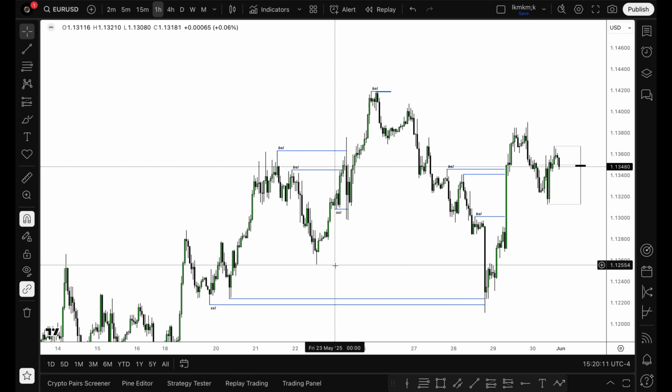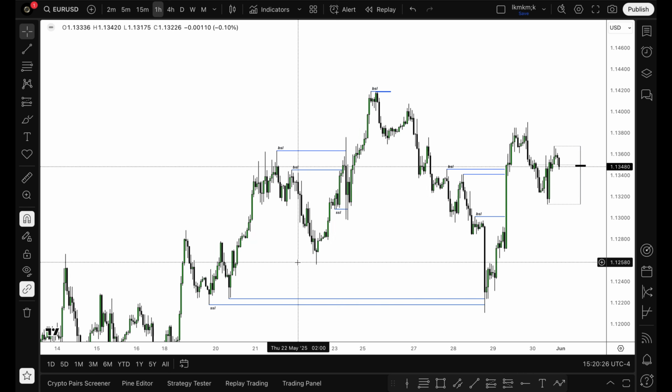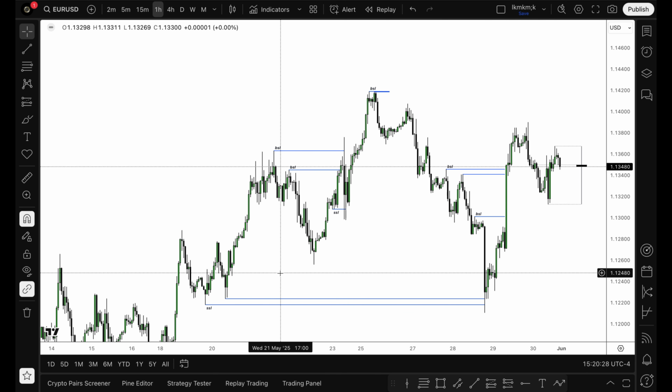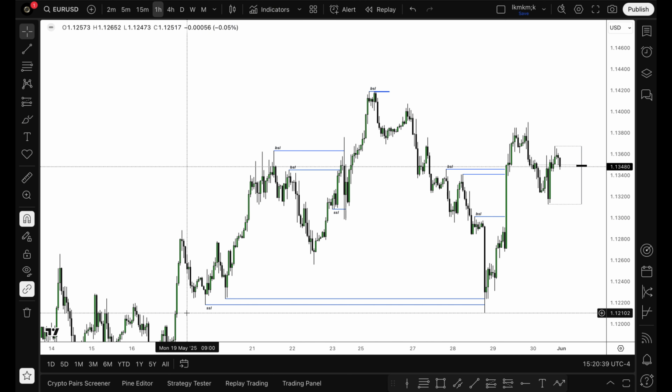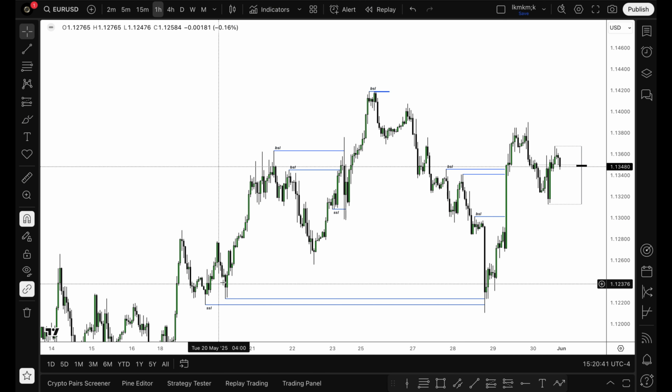Next, I'm going to talk about two different types of liquidity. The first one is old highs and old lows, and the second one is going to be equal highs and equal lows. So for the first one, the old highs and old lows, here we got an old low, we've got another old low, and then that forms an equal low.